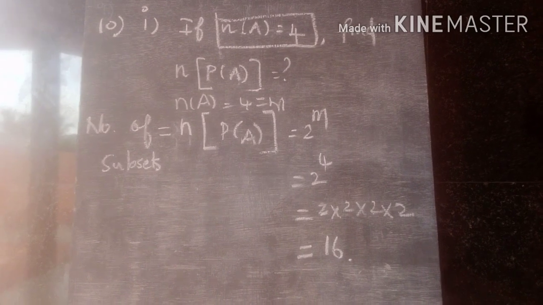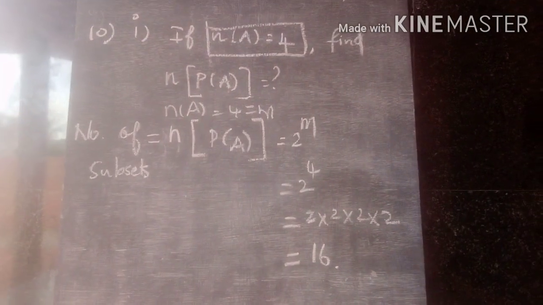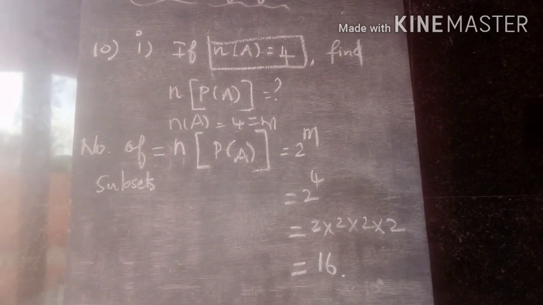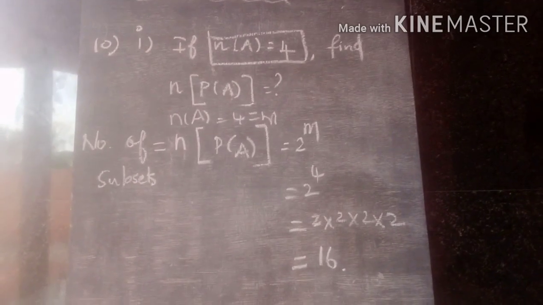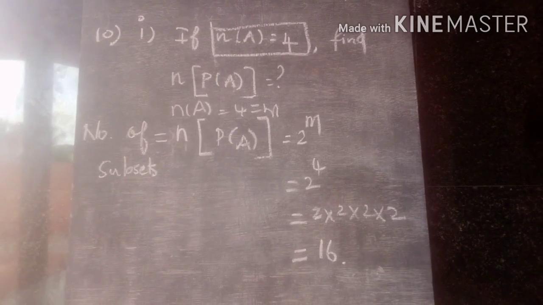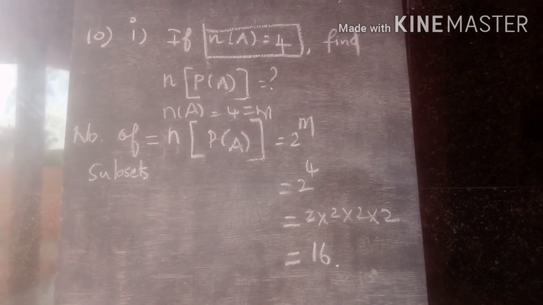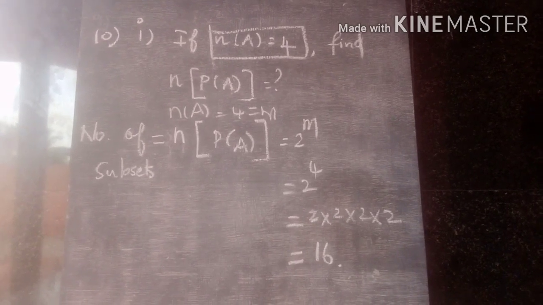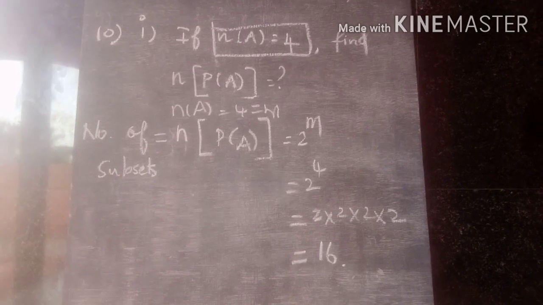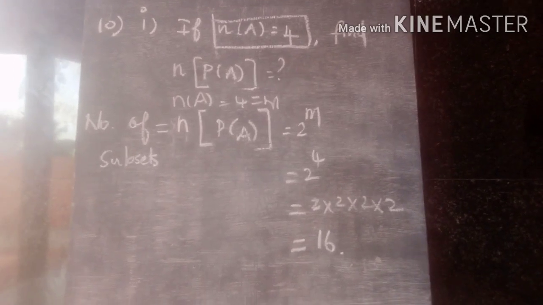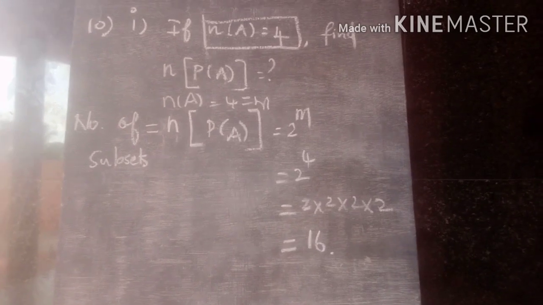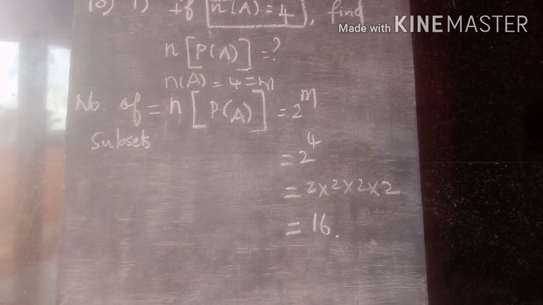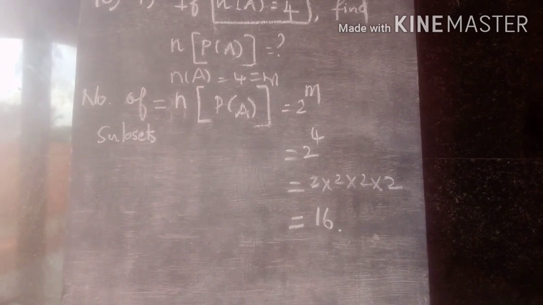The question is n of P of A, that is number of subsets. Formula 2 power m. We have to replace the value of m equal to 4. So 2 power 4, you have to multiply by 2 four times. So 2 into 2 into 2 into 2. So the answer is 16.